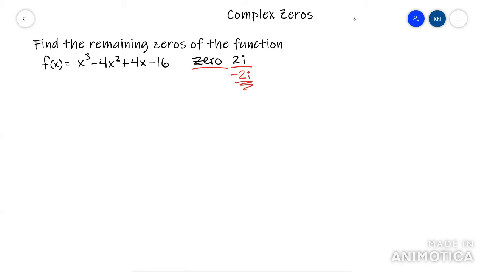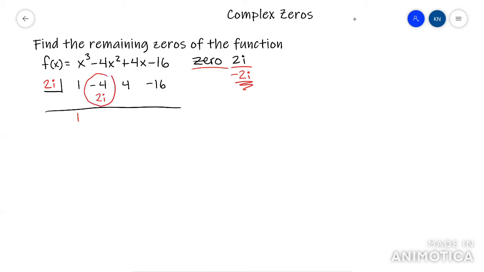Here's how you would get that last one. You have to run synthetic division with the i. So I'm going to start with this 2i first. That's what's going to go here. Now this is going to be pretty weird, so pay attention. The first number gets dropped. Then I multiply.